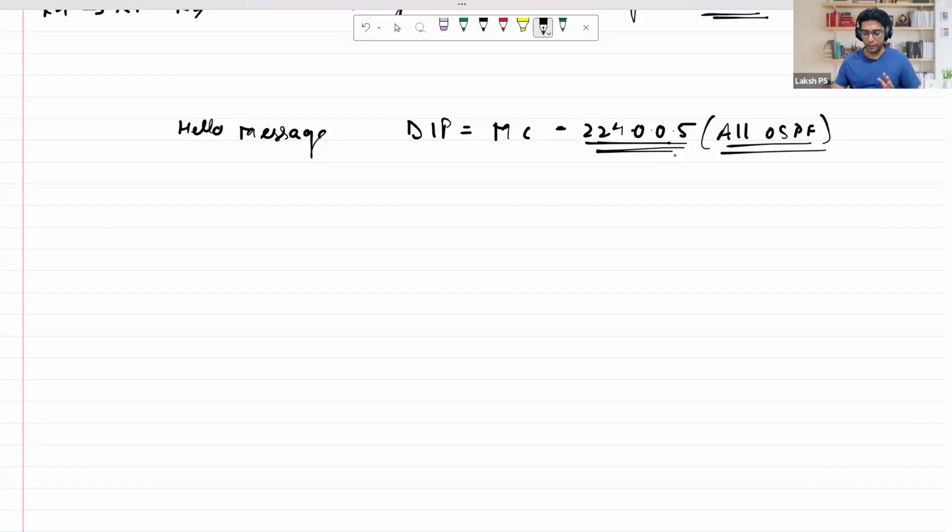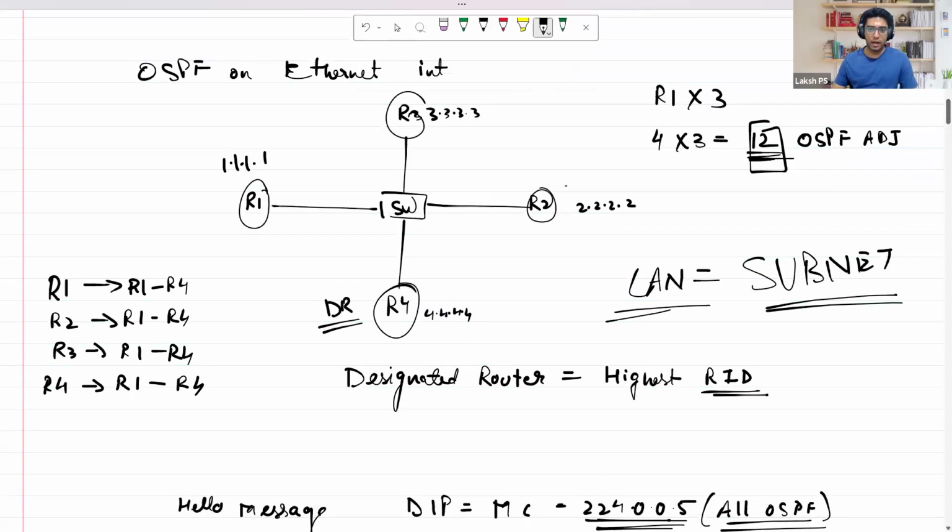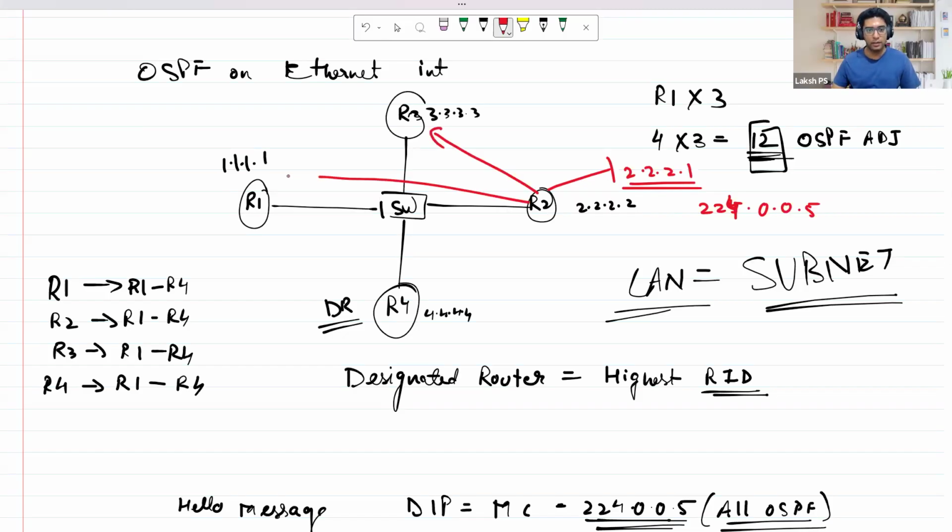Now, let's say on R2 I bring up one more network, 2.2.2.1, for example. If R2 still uses the multicast IP address 224.0.0.5 as the destination IP address, R2 will send this update to R3, to R1, and also to R4.